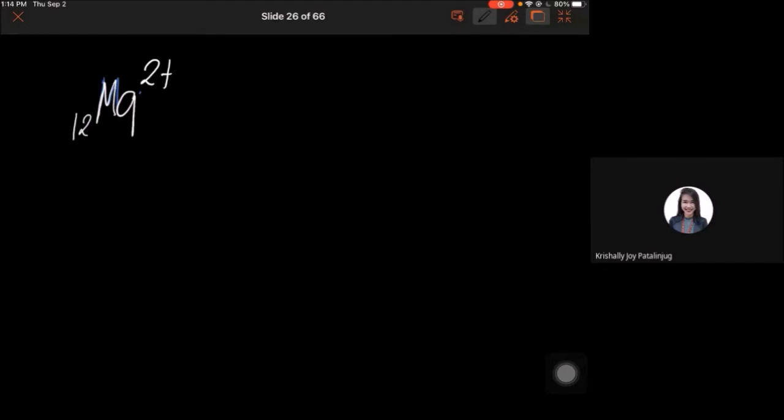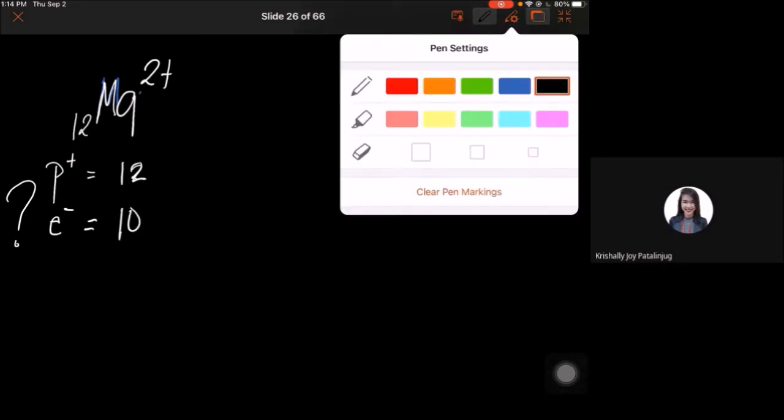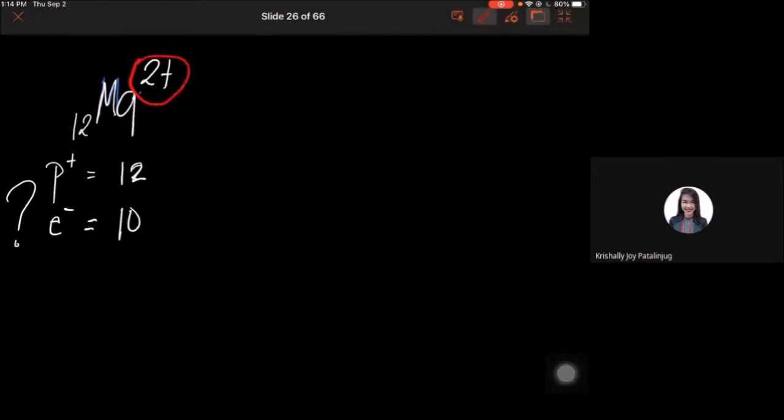Okay? So, meaning yung proton number niya is 12. Now, yung tanong, ilan yung number of electrons? Sige, type in your answer. Ilan yung number of electrons this time? 10. Very good. It's 10. Okay? Bakit 10 ulit? Tingnan. 2 plus, ibig sabihin nag-lose siya ng dalawang electron. So, from 12 minus 2, 10.